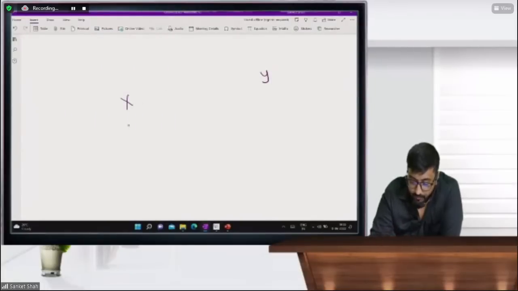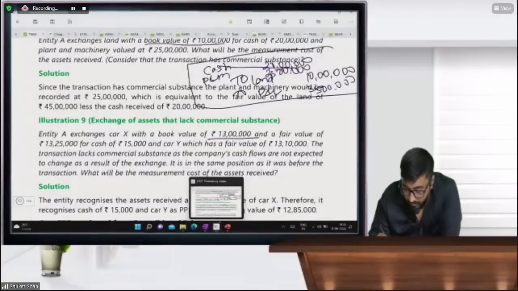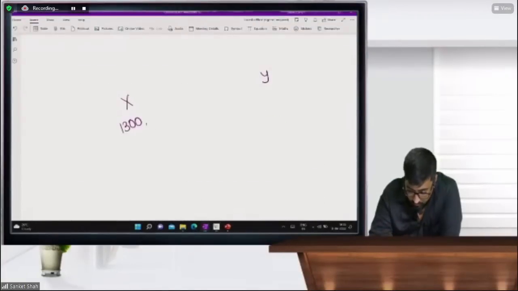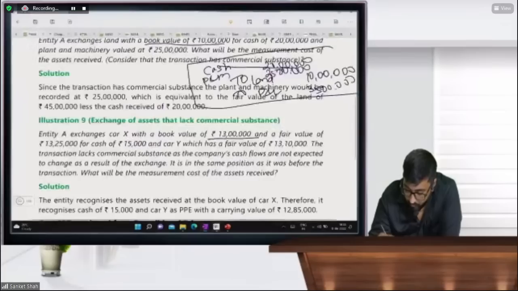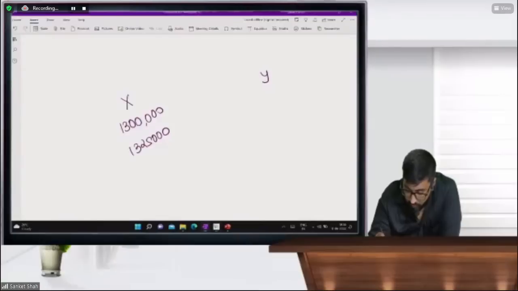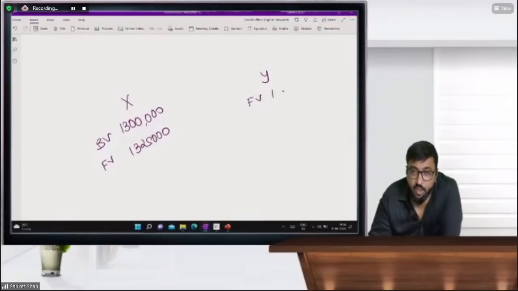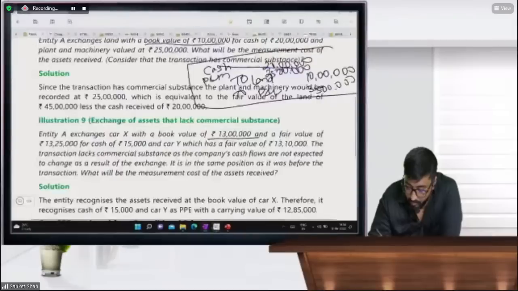X, Y. The value is 13 lakhs, and 13 lakh 25,000 is the fair value, and this is the BV. Fair value means the value at which two knowledgeable parties are exchanging their assets and liabilities, at arm's length price. This is 13 lakh 10,000.